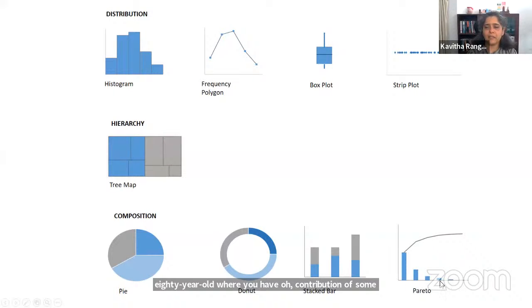Let's say we were looking at wealth distribution across a particular country, and we want to look at the different categories of users, and you'll see a large amount of wealth concentrated in some small categories. This would be a good example for a Pareto graph, to bring out that very lopsided nature. The Pareto rule typically says that around 80% of the effect is because of 20% of the causes, and you'll see that working out in a large number of situations.